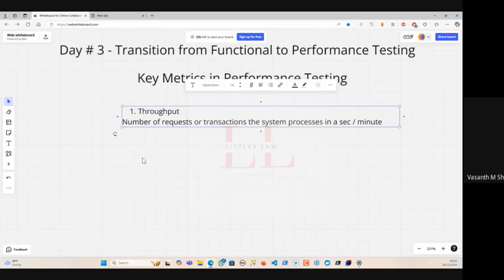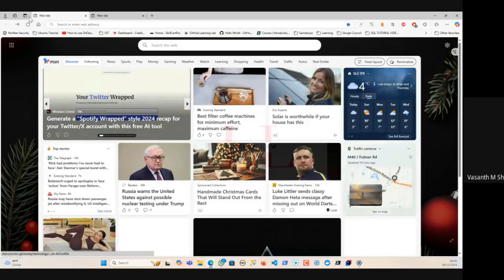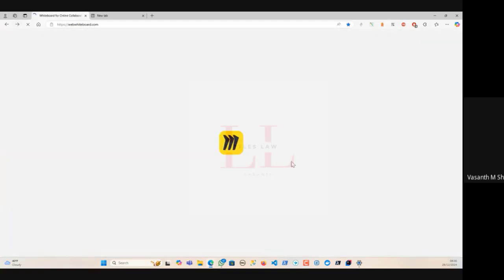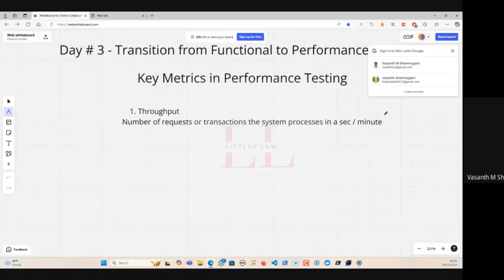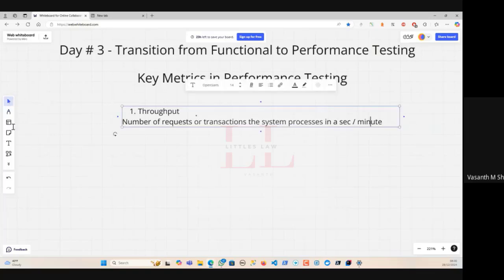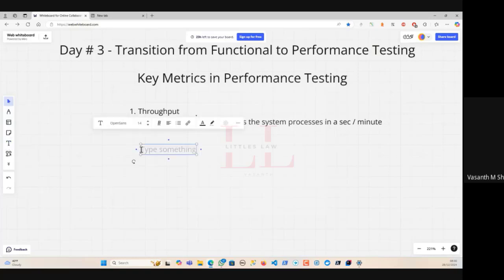We measure the throughput in requests per second or transactions per second. We measure it in TPS, so we'll see transactions per second or requests per second, that is the RPS.